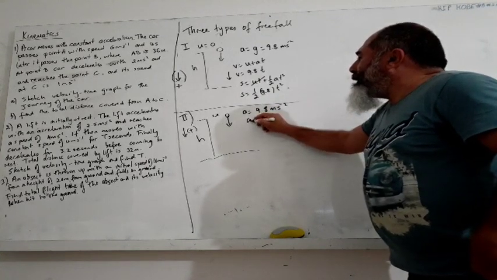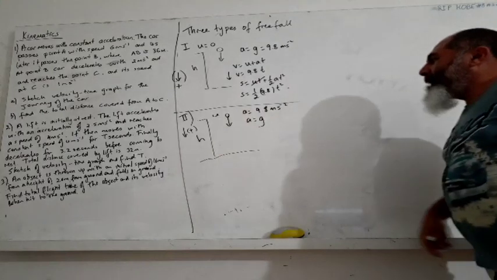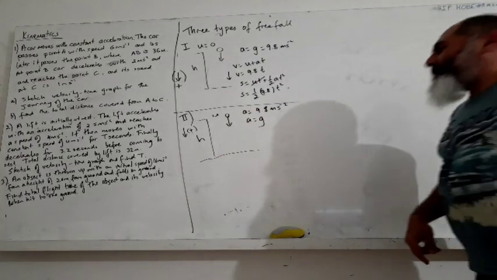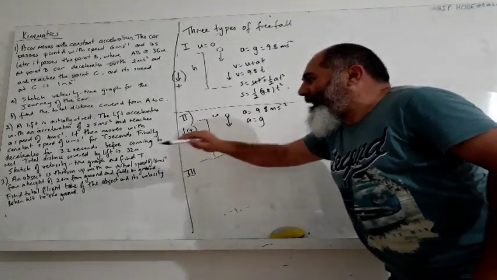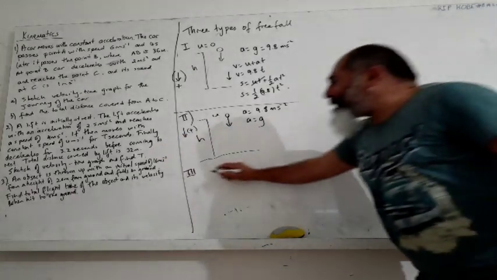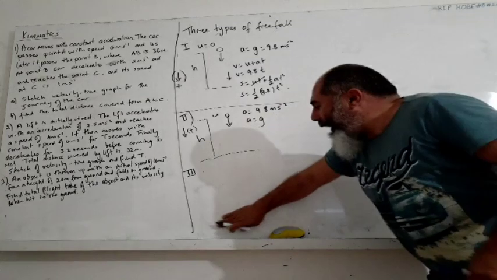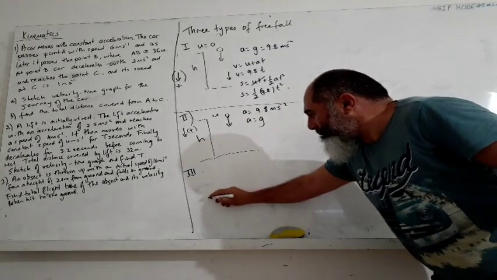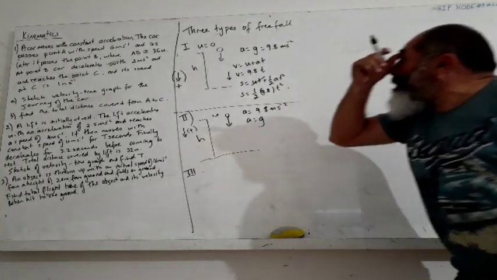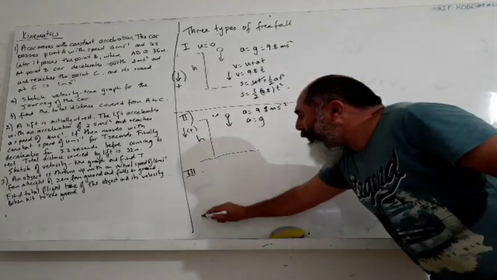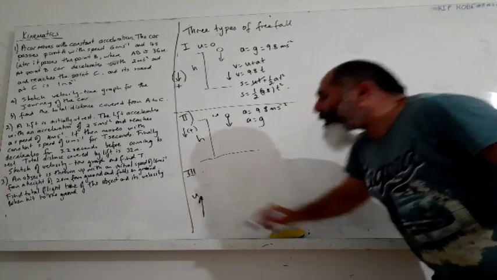Call it g. And we have the third type, which is the case in question 3. Actually, the hardest of all the 3 cases. u is upwards. We are going to throw the object upwards.